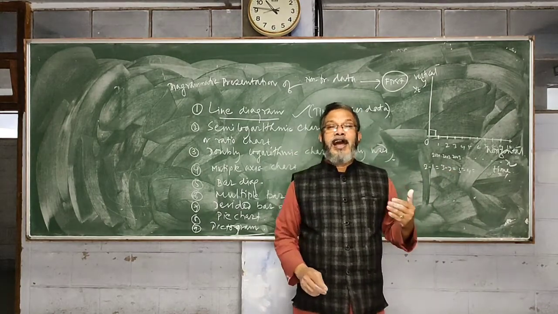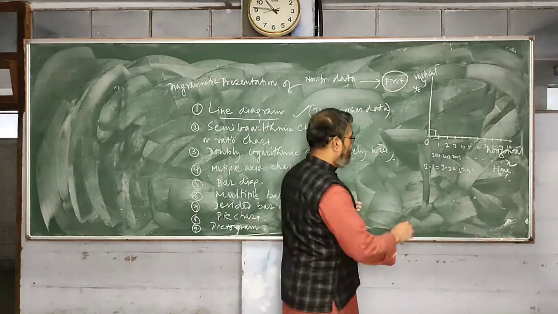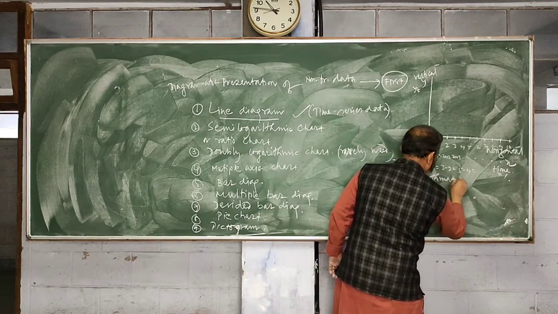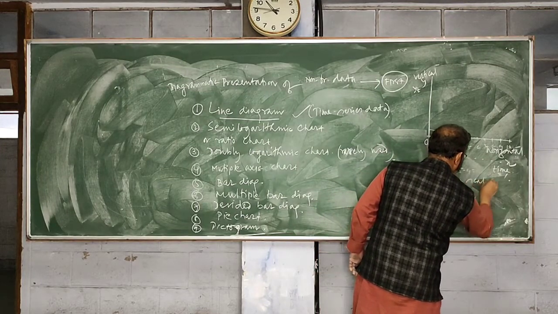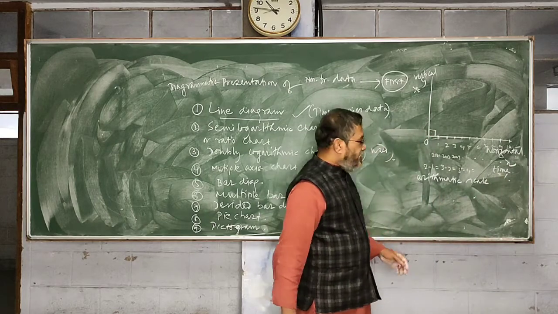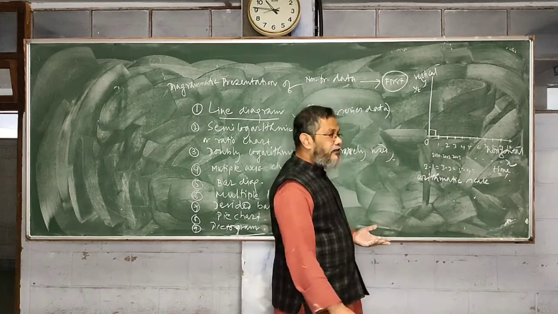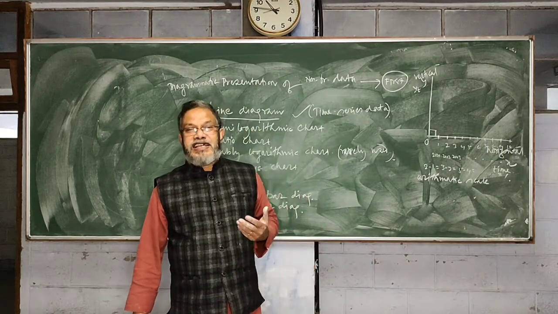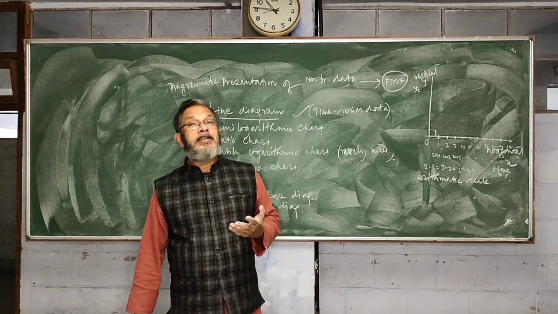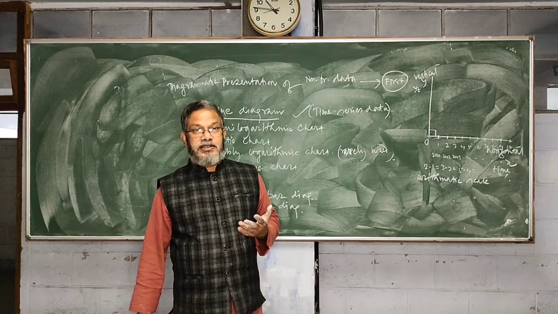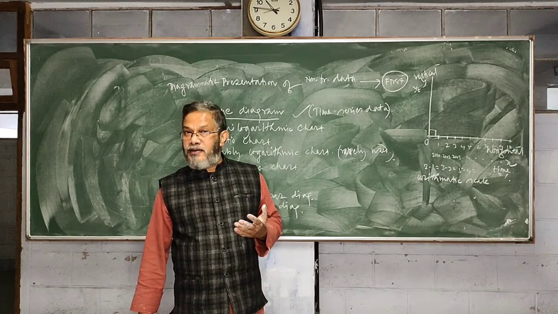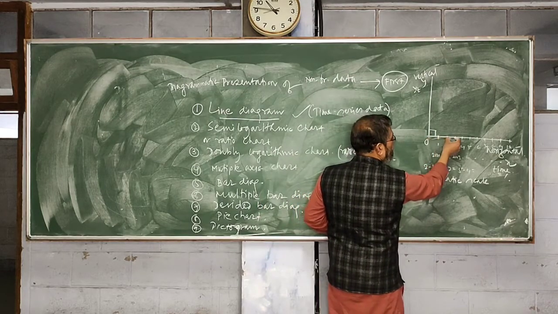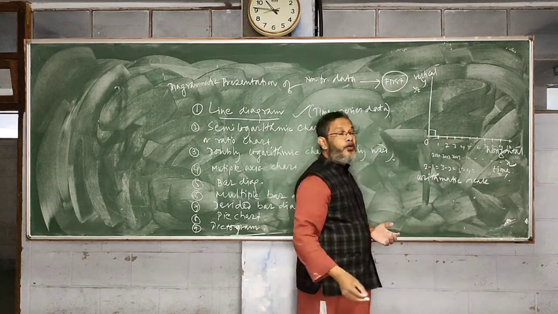This is called arithmetic scale. What is that? In case of arithmetic scale, equal distance represents equal differences.